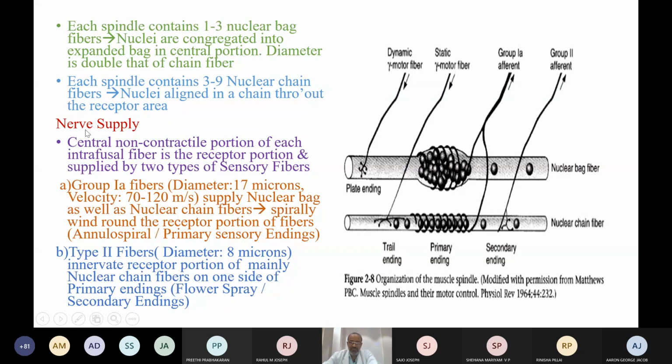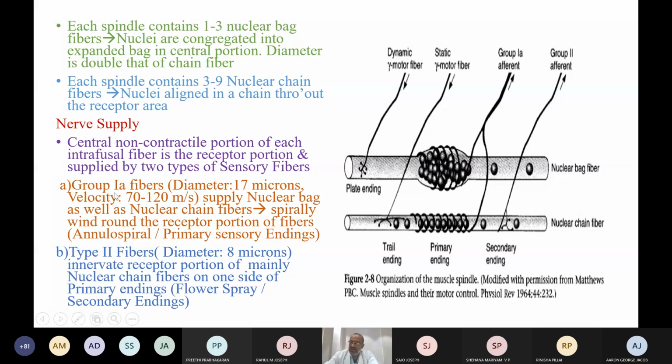What is the nerve supply? The central non-contractile portion of each intrafusal fiber, which is the receptor portion, is supplied by 2 types of sensory fibers: group 1A fibers and type 2 fibers.